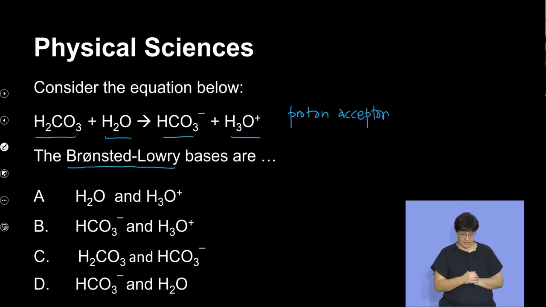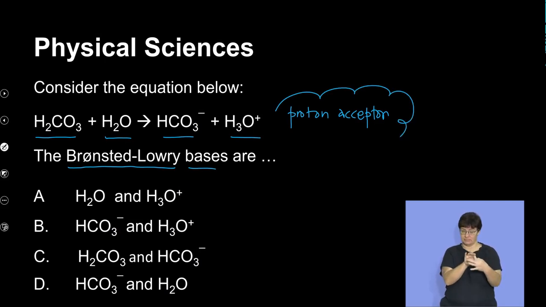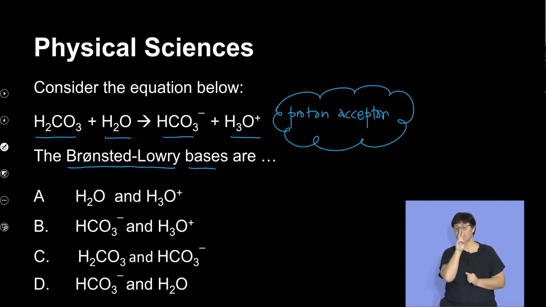So if a base is a proton acceptor, let's consider this reaction. Let's identify the bases with respect to this description in terms of the Bronsted-Lowry theory. If you look at carbonic acid, it acts as an acid because it donates one of its hydrogen atoms to give us that. So this is an acid.